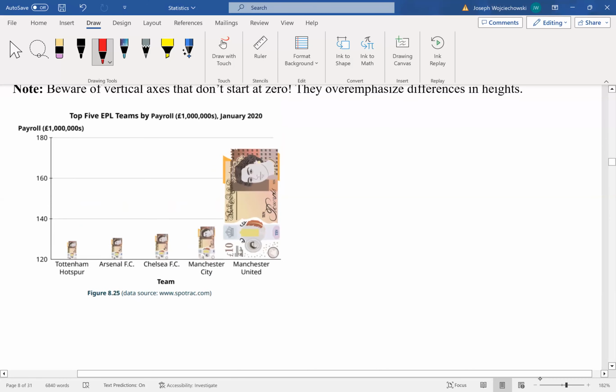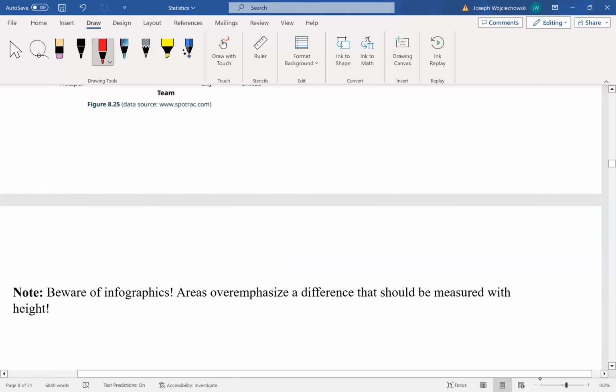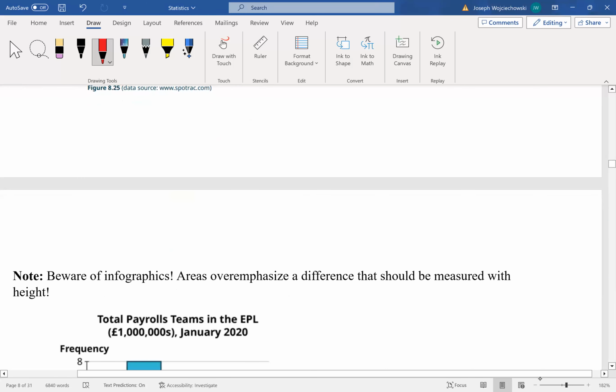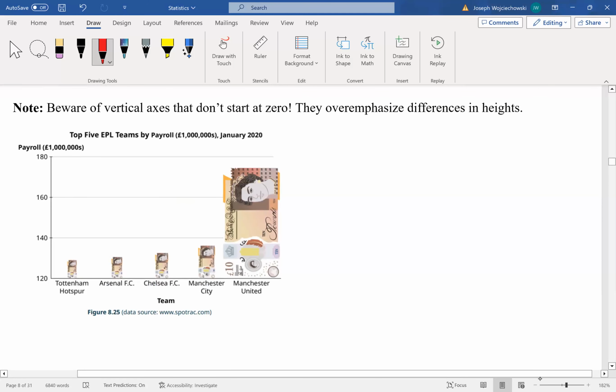Okay, here we have graphical representations or infographics. These areas overemphasize the difference that should be measured in height. So we're not measuring the area, we're measuring the height. So again, this has that 120 scale, so it still doesn't look all that great.